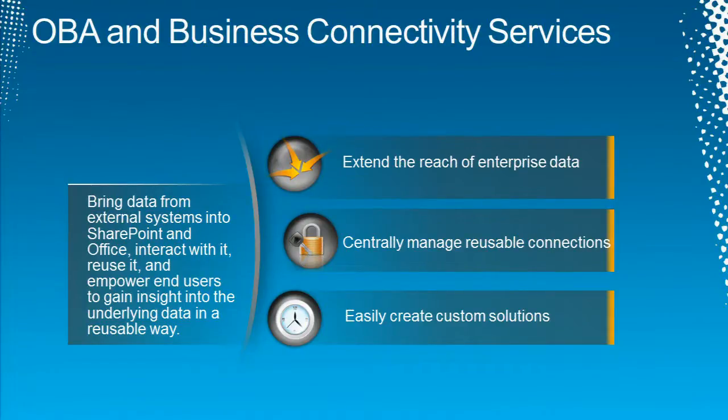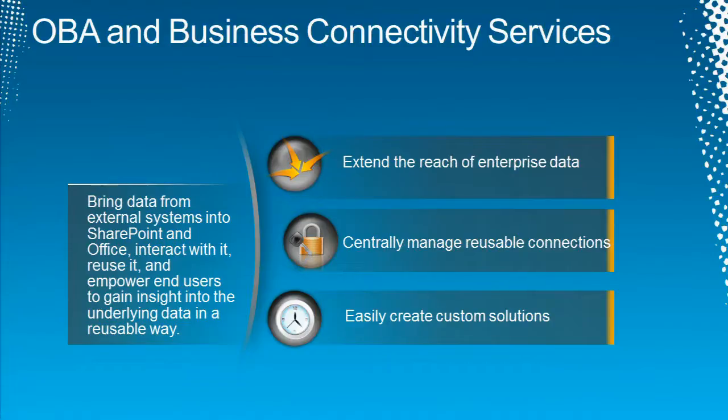So what does Business Connectivity Services do? Well, it gives the ability to extend the reach of that enterprise data up into SharePoint. And it also gives IT the ability to manage those reusable connections.